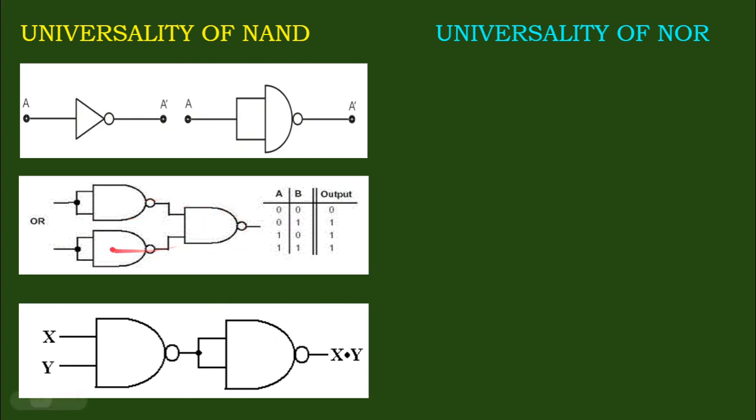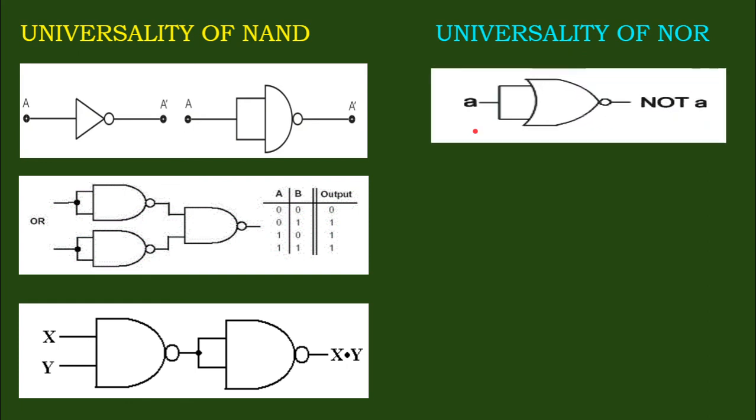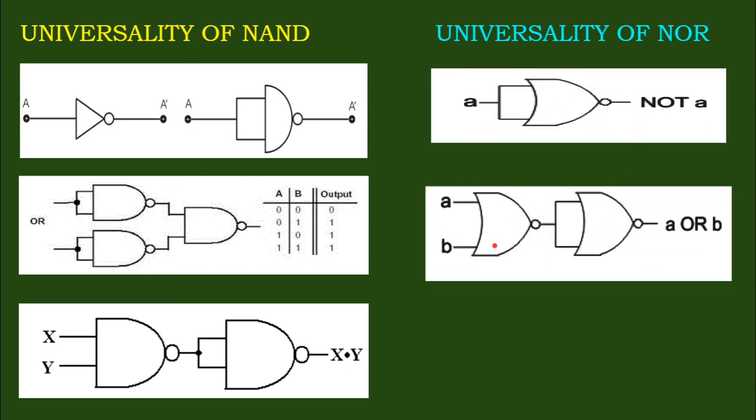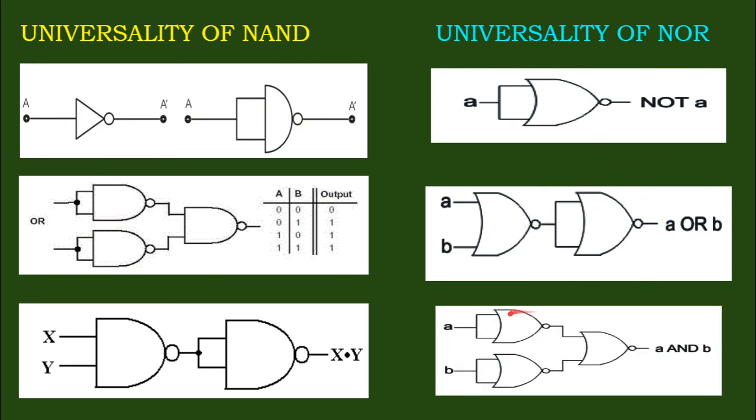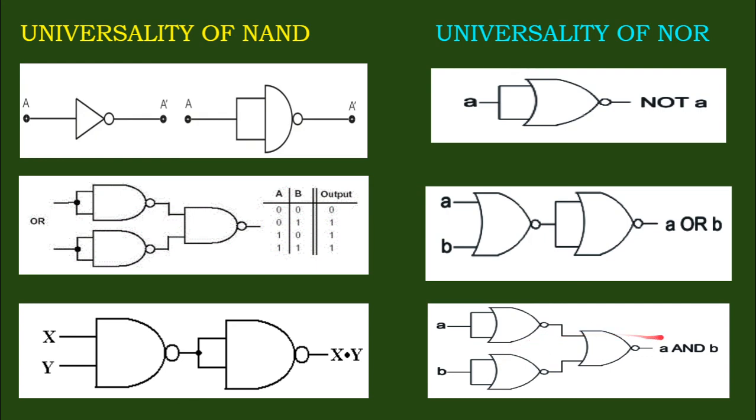These three together form the OR functionality, and this sequence of two NAND gates will give the AND functionality. Similarly for the universality of NOR gates, a single NOR gate will give the NOT function, two successive NOR gates will give the OR function, and these three NOR gates will give the AND function.